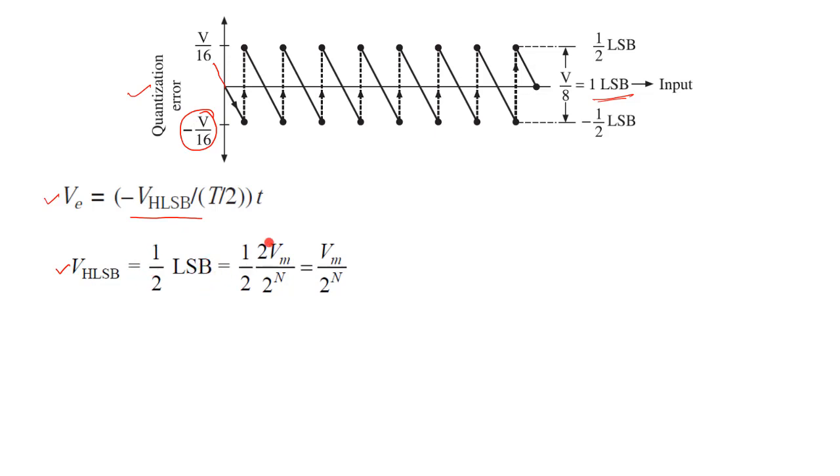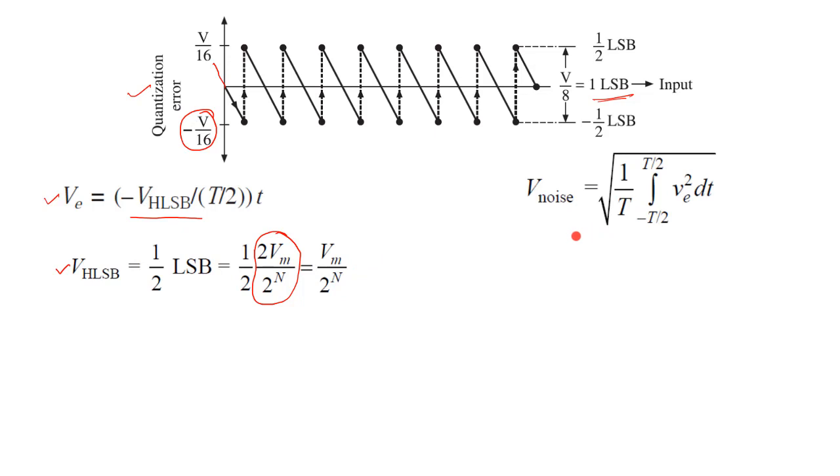Therefore, half into LSB, we know LSB is 2Vm by 2 to the power n for a sinusoidal signal, for an n-bit converter, right. So, now it will become Vm by 2 to the power n.